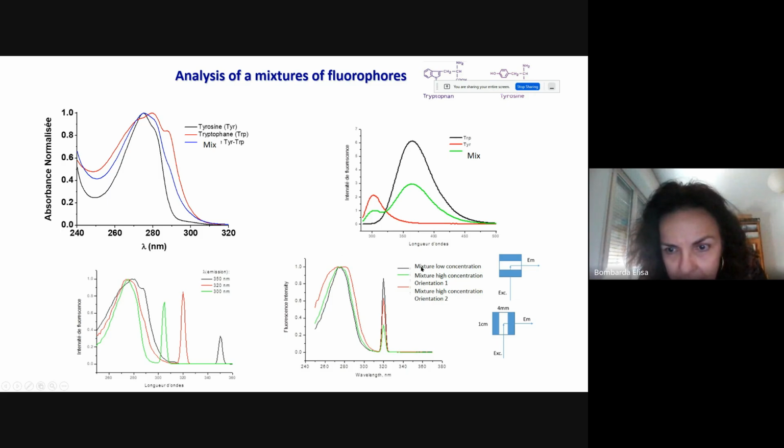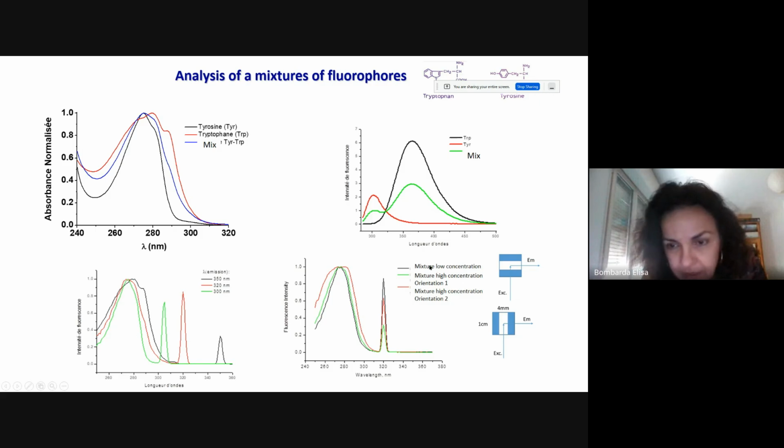The black one is measured at low concentration. Then we measured an excitation spectrum at high concentration, but with this orientation of the cuvette, which minimizes the inner filter effect, and we have practically the same shape of the spectra, of course, because it's the same thing that I measure. I just change the concentration.